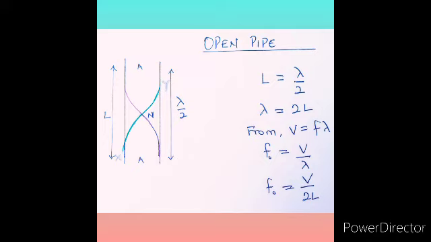So F naught equals V over lambda, which is V over 2L. So F naught equals V over 2L.